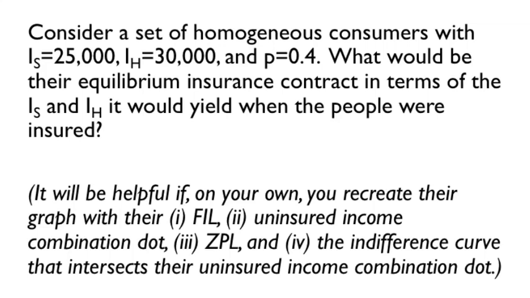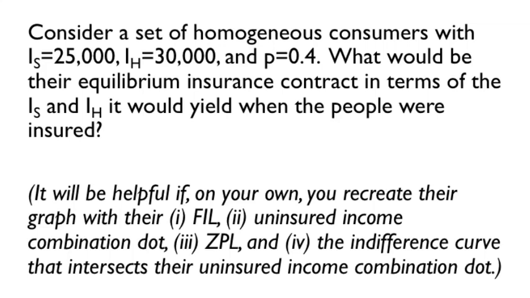The question I would like you to answer is what would be the equilibrium insurance contract for these consumers in terms of the income that it would yield if they either get sick or stay healthy.